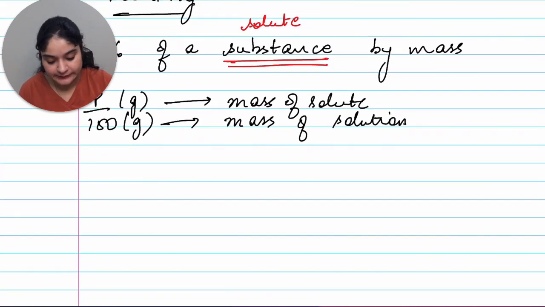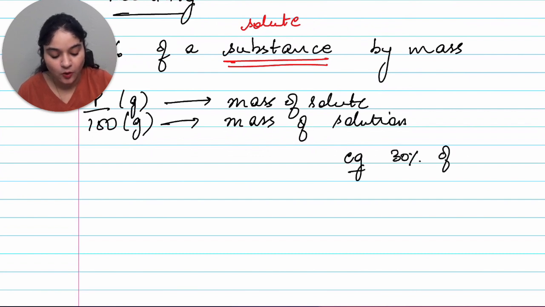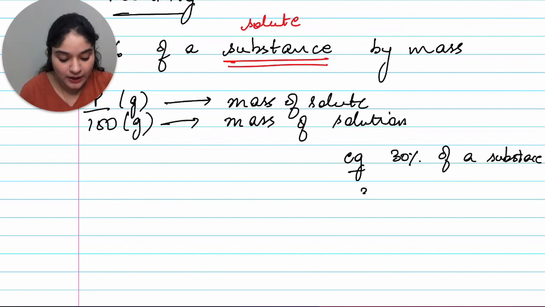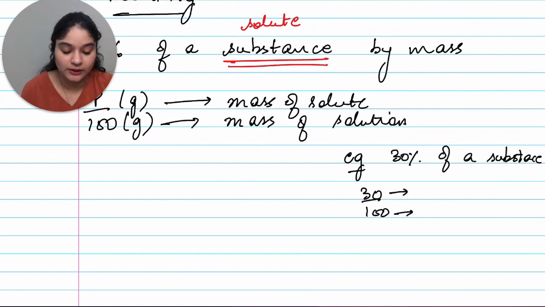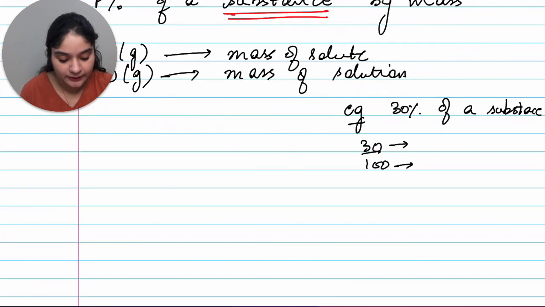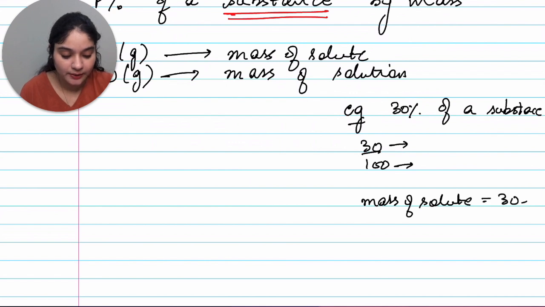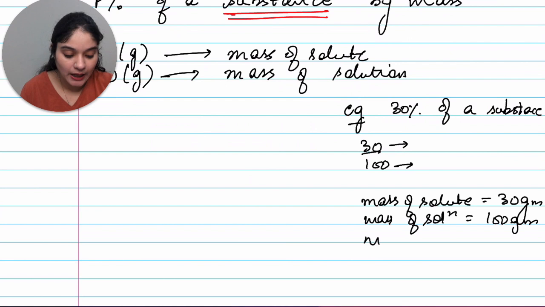Now let me give you an example. Let's say I have 30% of a substance. What information can I get from this? So I have 30 over 100, correct? This is mass of solute. This is mass of solution. So let me write that. I have mass of solute as 30 grams. I have mass of solution as 100 grams, and my mass of solvent is equal to 70 grams, students.